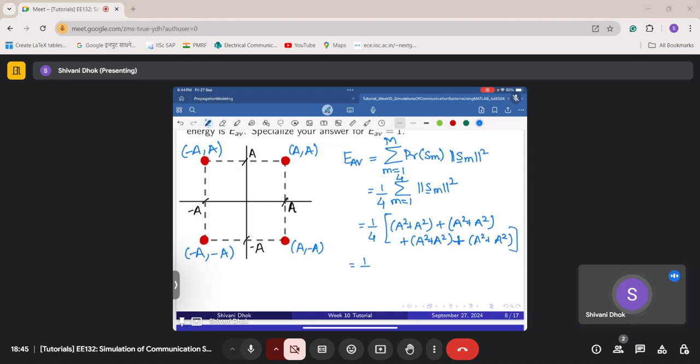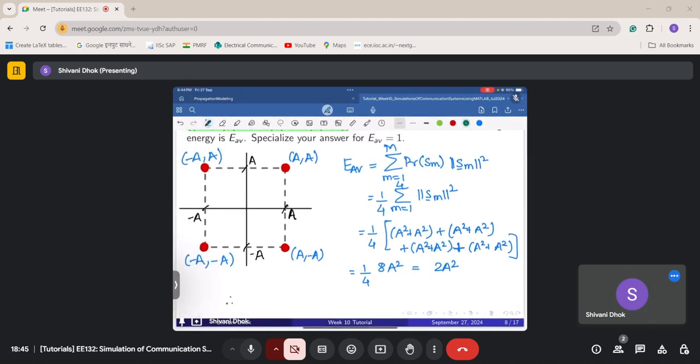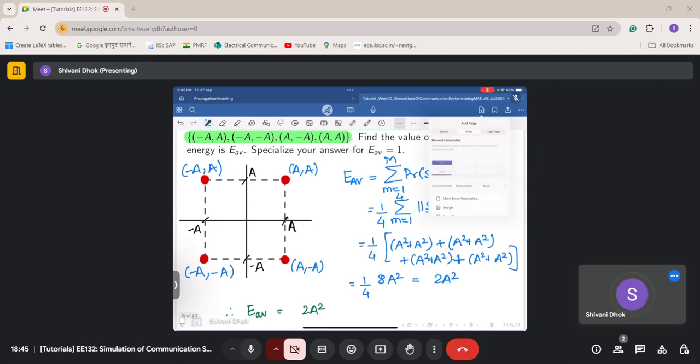So this becomes 1 by 4 into 8A square, which becomes 2A square. Therefore, the average energy comes out to be equal to 2A square. Okay, so this is the average energy that we have.